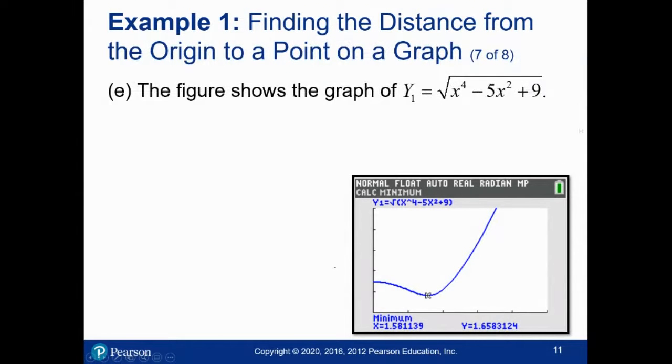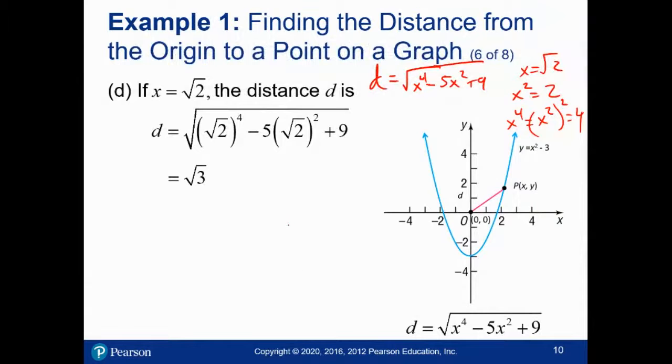And if you graph this function, the square root of x to the 4th minus 5x squared plus 9, here's what it would look like. Notice it does appear to have a minimum at x equals something like 1.58. I'm just going to flip back to a previous slide that has the graph of the original function here. So what does that minimum represent?